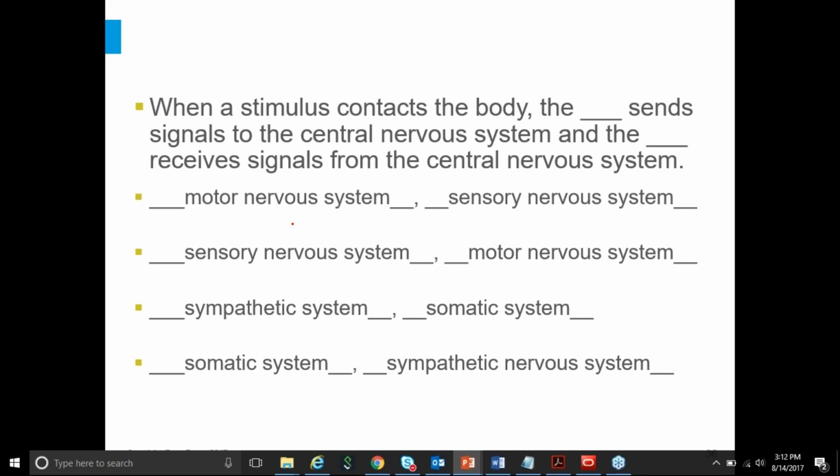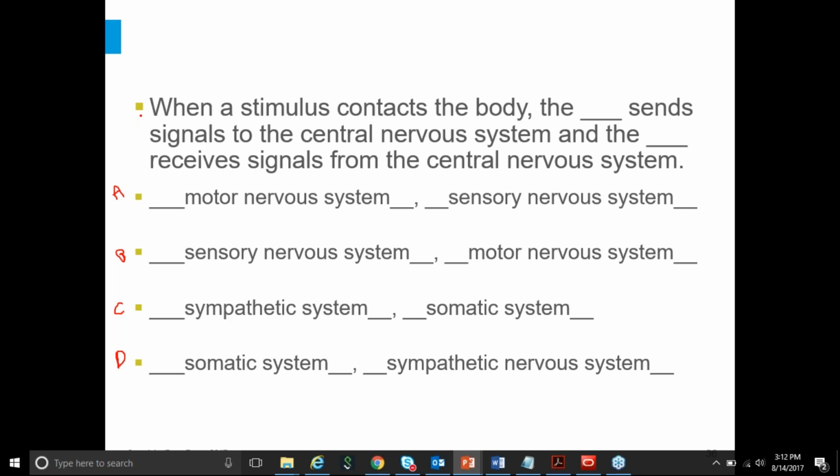So we've got a couple of review questions. These are just on the screen. There's nothing for you to click on to answer. We're just going to think about what the answer is. So this first one has 2 blanks, and here are your answers. I'm going to label them A, B, C, and D, just to make things a little easier.